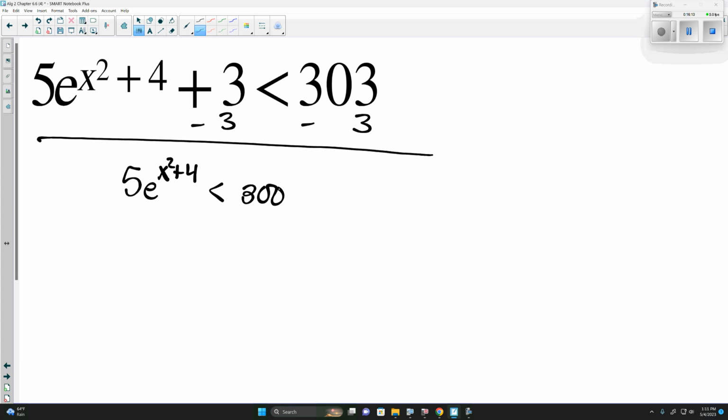So we subtract 3 first. Yes. What's 30 divided by 5?